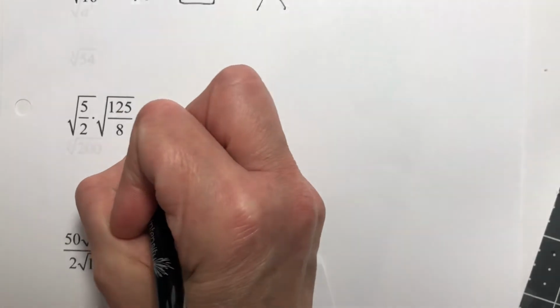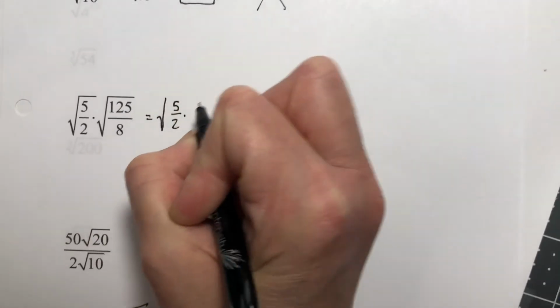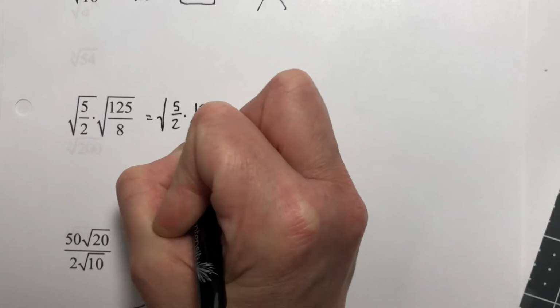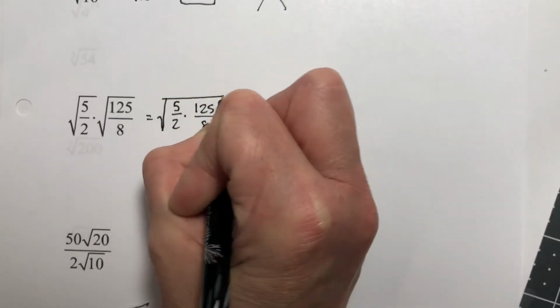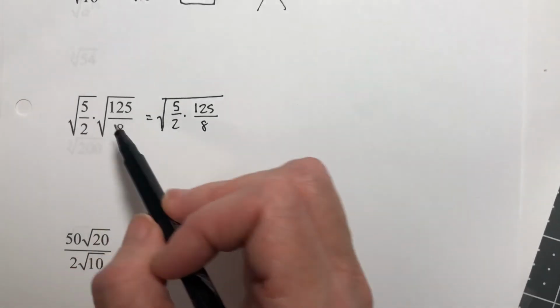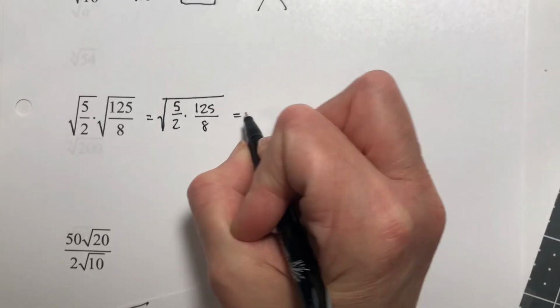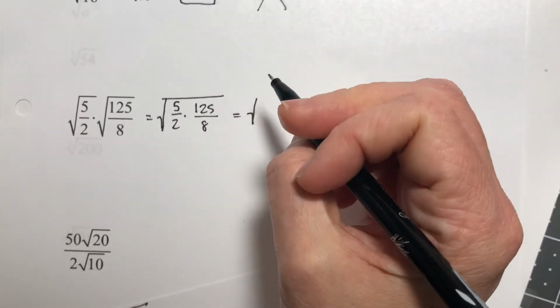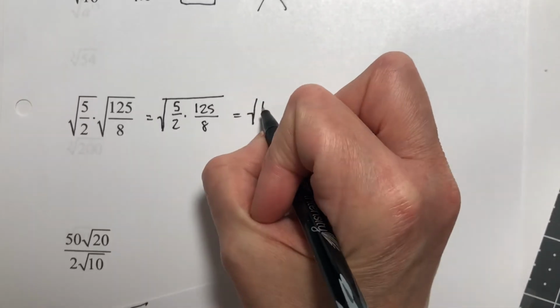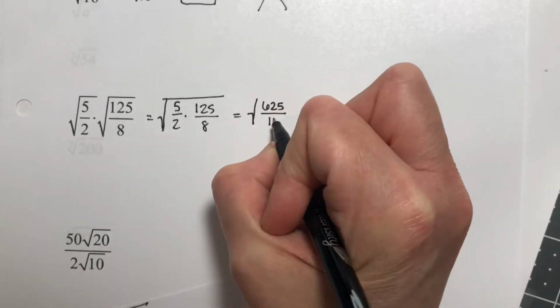So I'm going to go ahead and do that. So this will be 5 halves times 125 over 8. And I'm going to multiply these back together, mainly because I didn't have any perfect squares here, and I'm really hoping one shows up. If you multiply, 5 times 125 is 625, and 2 times 8 is 16.